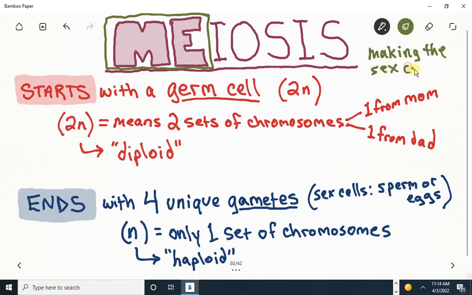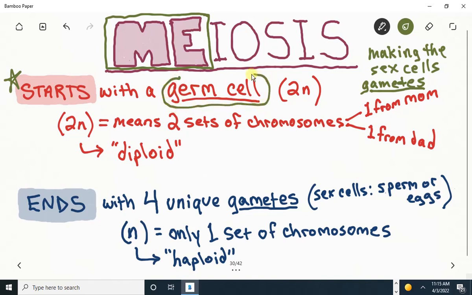And the sex cells, if you remember from the previous video, are called gametes. And a gamete is either an egg or a sperm, depending on if you're male or female. Now, meiosis starts with a germ cell.